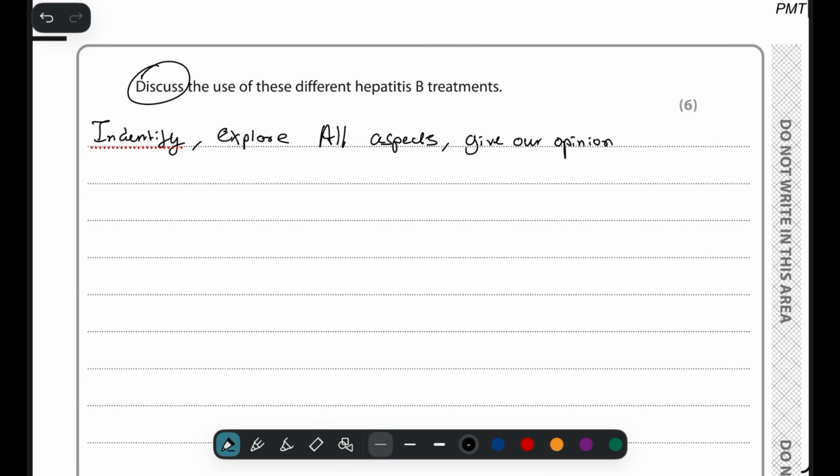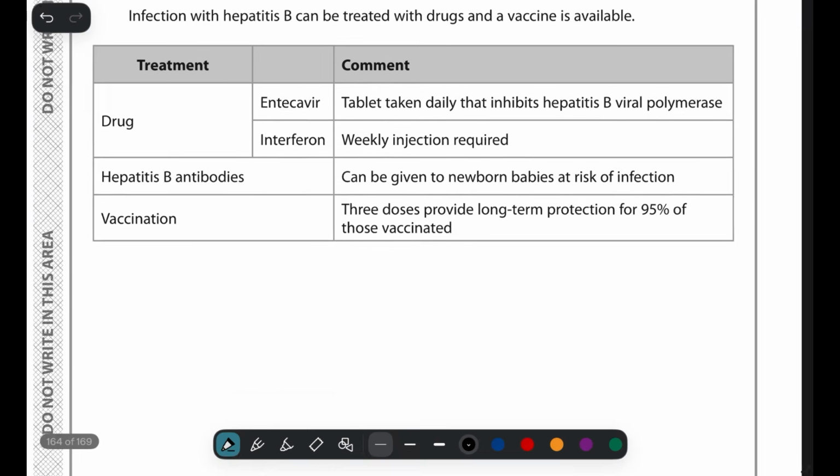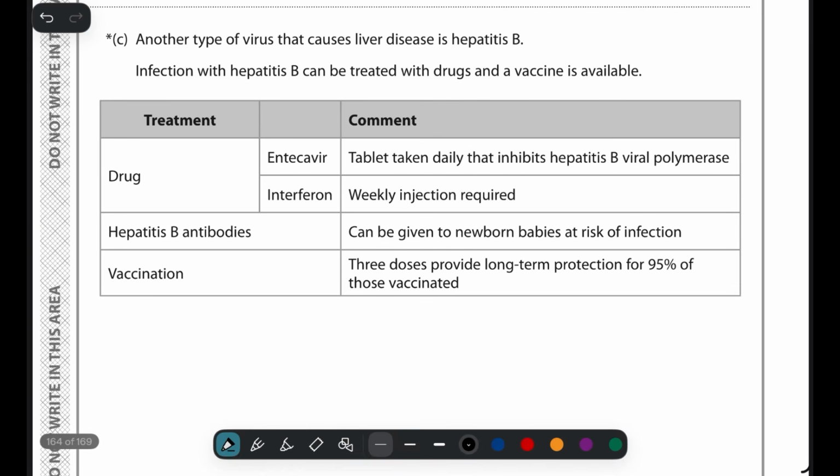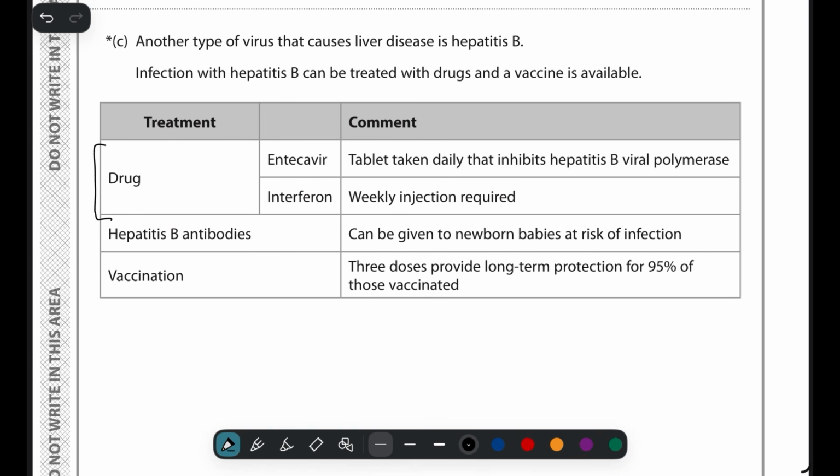So let's see, first of all, what are they kind of going to be doing here? So we're talking about hepatitis B now, and we're talking about the different treatments. So essentially, what they're going to want to be doing is saying, okay, drugs, antibodies, vaccine, arguably which is the best? Arguably, that's what they'd want you to say.